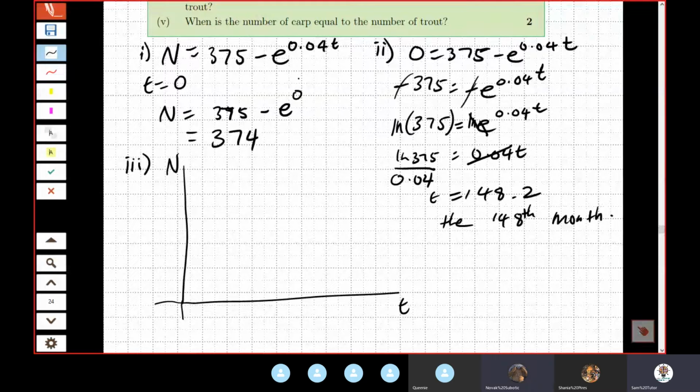Sam? I'm not sure, but would you just put 374 for n and then 148.2 for t and then just draw a downwards curve? Because you're saying when time is 0, n is 374, and when n is 0, time is 148.2.